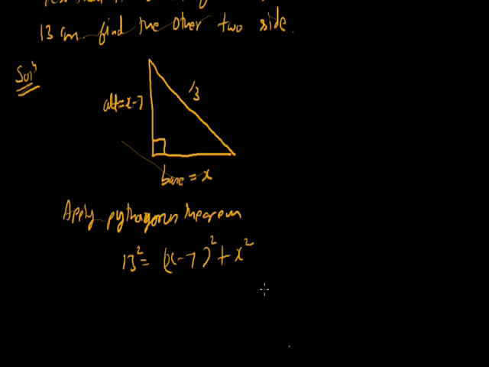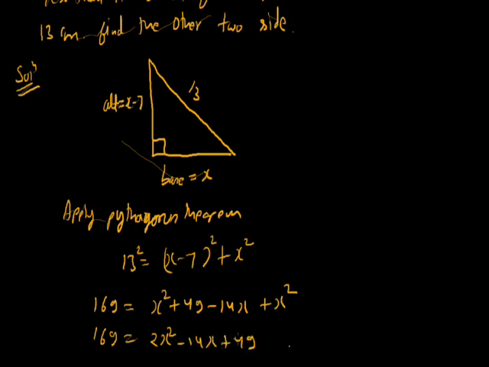Now open the brackets. 13 square is 169 is equal to (a minus b) whole square, a square plus b square minus 2ab, and x square as it is. Now 169 is equal to x square plus x square, that is 2x square, minus 14x plus 49.